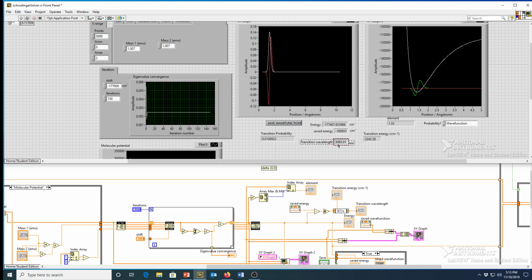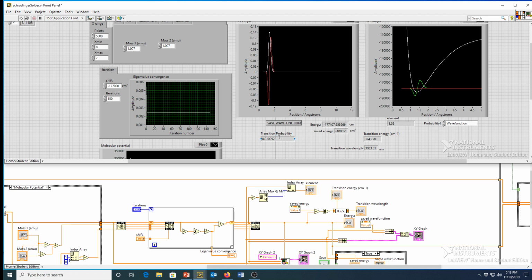So that was gotten by taking the energy difference between the V equals 0 and V equals 1 state. That transition energy is also equal to the vibrational frequency, because the frequency of that light is resonant with the frequency of the motion of the vibration. So if you convert that inverse centimeters into inverse seconds, then you would get a Hertz value, which is how many times the bond vibrates per second.